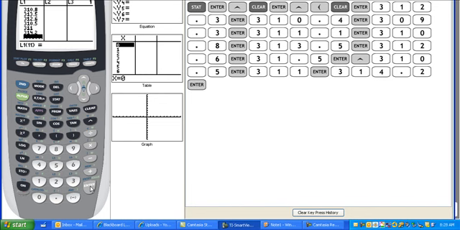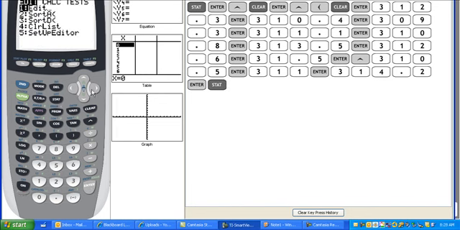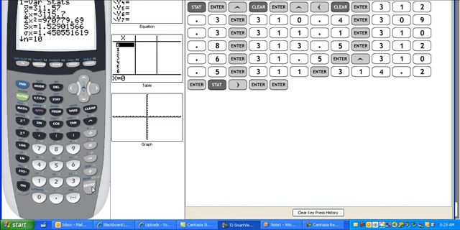Now I go back to Stat, and I want to choose Calc. I want one variable statistics. This is going to give me a lot of information, so I'm just going to leave it there and press Enter. And press Enter again. That indicates it's in L1. So notice I'm getting the mean, x bar, is 311.57.